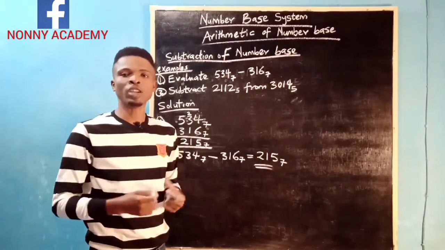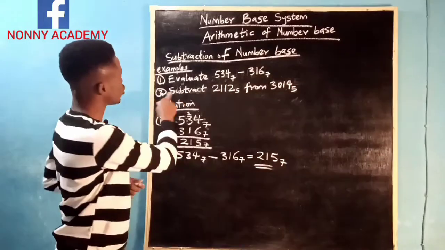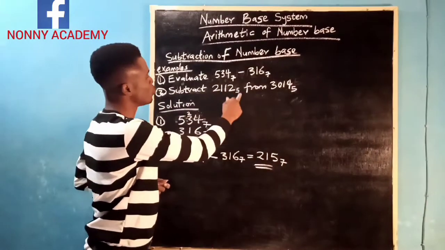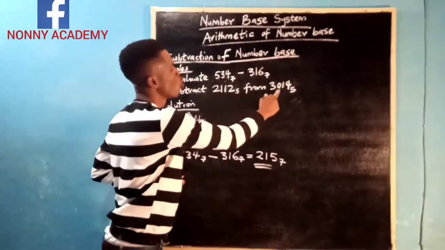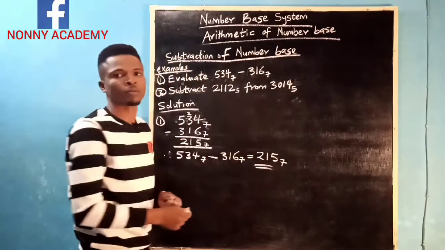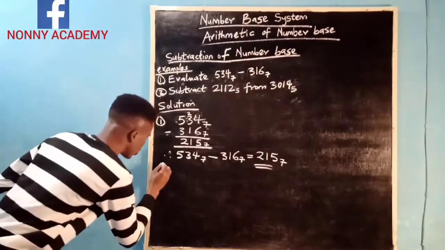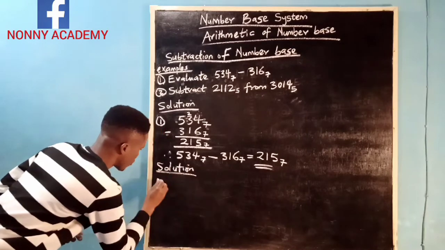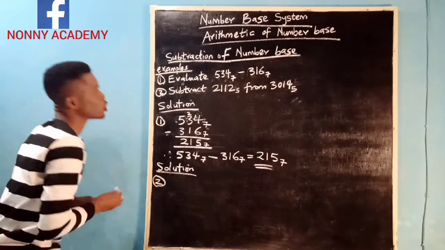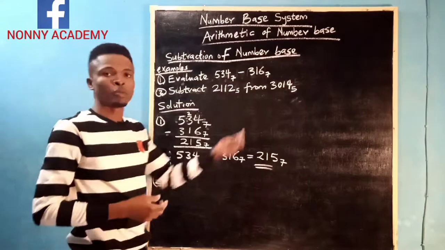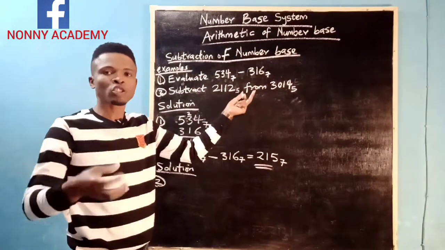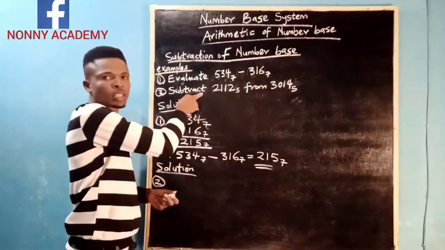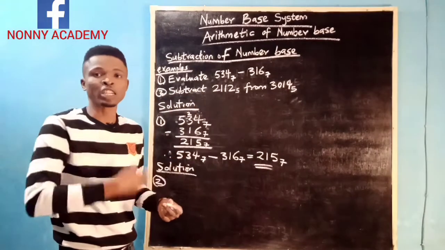Let's take a look at the second example. Example 2. Subtract 2112 base 5 from 3014 base 5. Now we have the solution. From this question, what they ask us to do, they said subtract. Another word for subtract is remove.